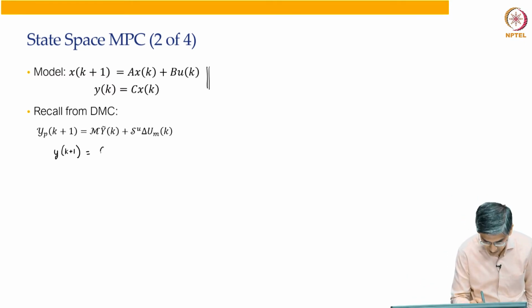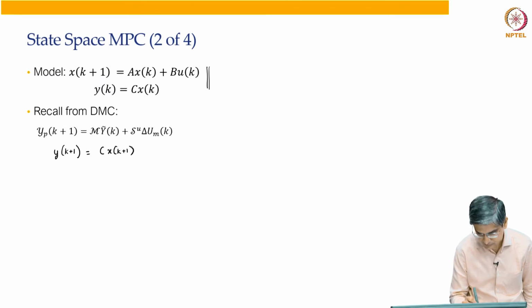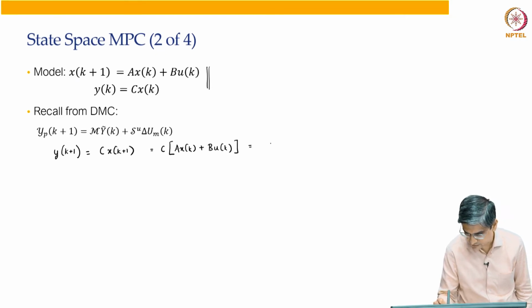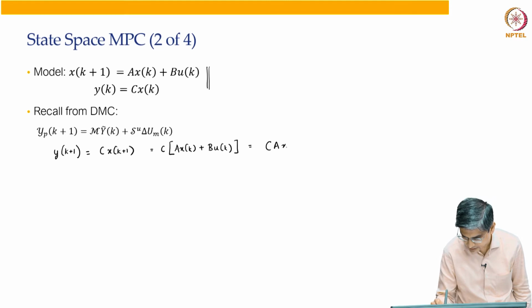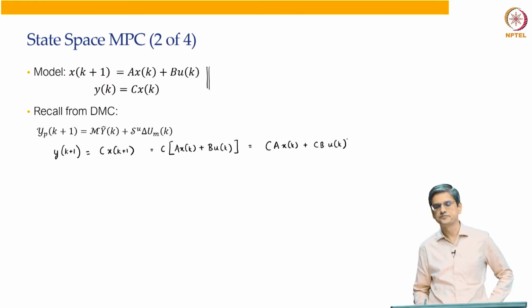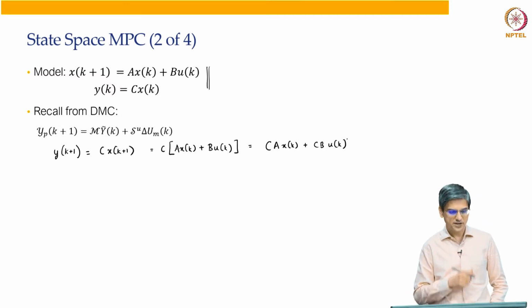So, y(k+1) is going to be nothing but C times x(k+1). Okay. Now, C times x(k+1) is nothing but C multiplied by Ax(k) plus Bu(k), which is equal to CA x(k) plus CB u(k). Okay. So, this is what y(k+1) is.